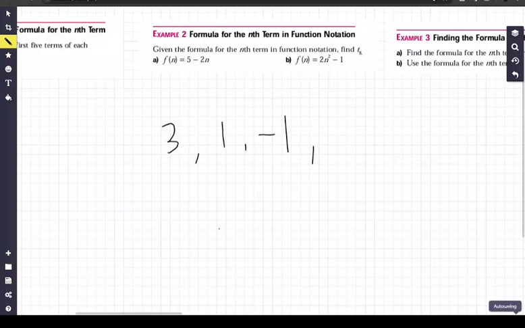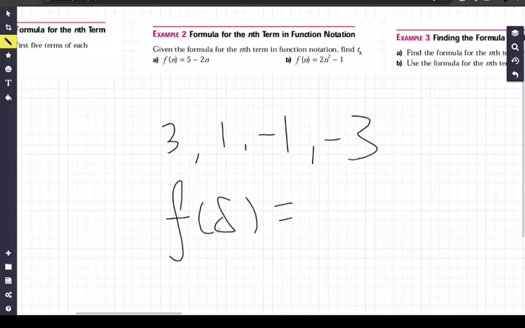Then 5 minus 8, negative 3. We can see it decreases by 2 every single time. Now let's plug in 8: 5 minus 2 times 8, 16, gives you negative 11.